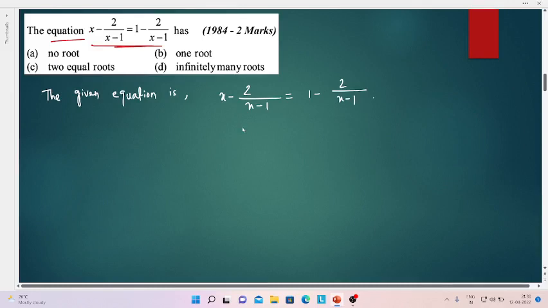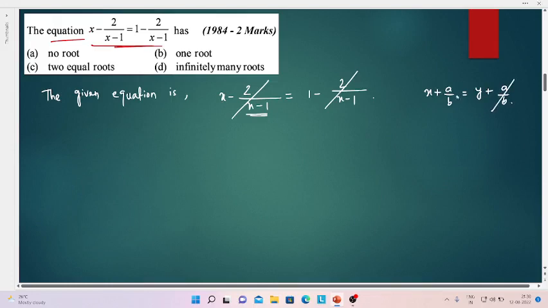Sometimes students say, sir, we can neglect this part, because minus 2 upon x minus 1 is there on both sides, so that will be cancelled out when x minus 1 is not equal to 0. Let me clear one thing: suppose x plus a by b is there, and on the right side we have y plus a by b.